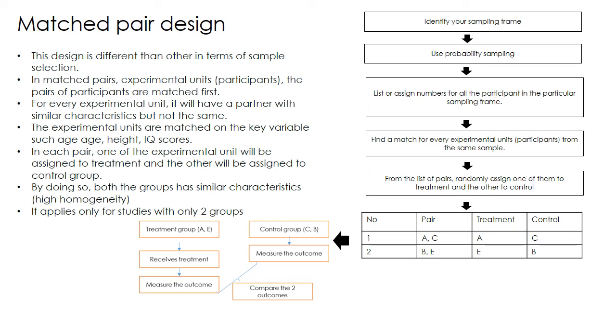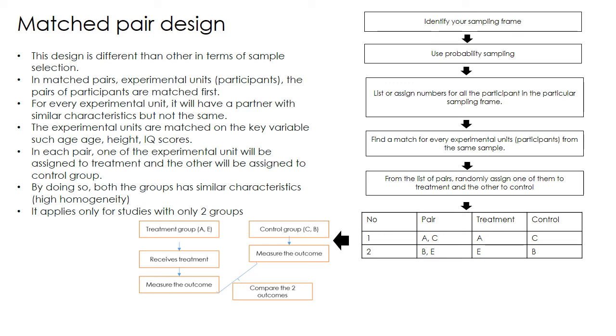So the scores or the values that we get from the treatment group and the control group for the fever or the temperature will be compared to determine whether there are any differences between the values. If there is a difference, we would like to see, is it caused by the drug or otherwise.